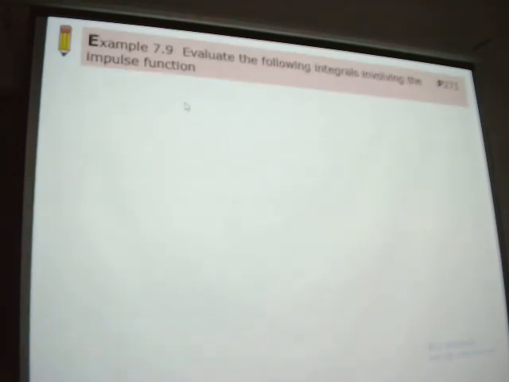Now we're going to go to example 7.9. We evaluate the following integrals involving the impulse function, okay? The first one is like this. This part, t squared plus 4t minus 2, is actually f(t), and this one is the impulse function.